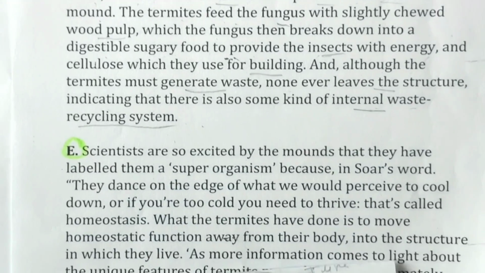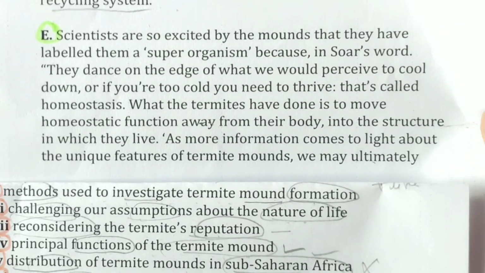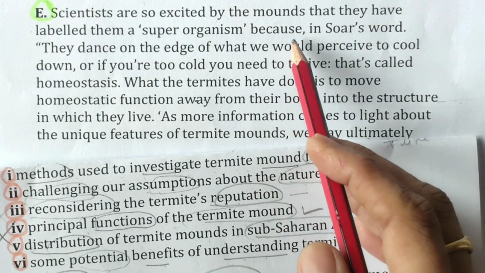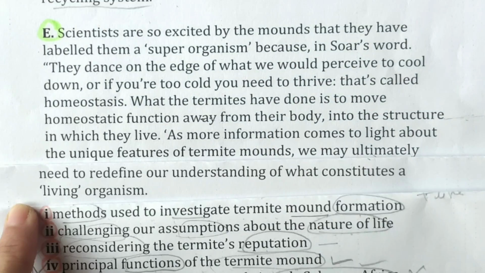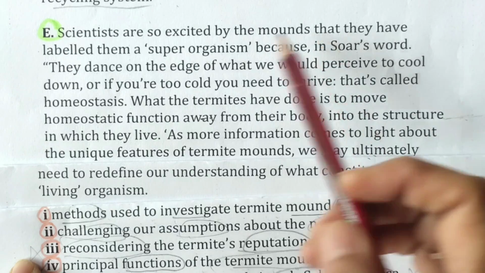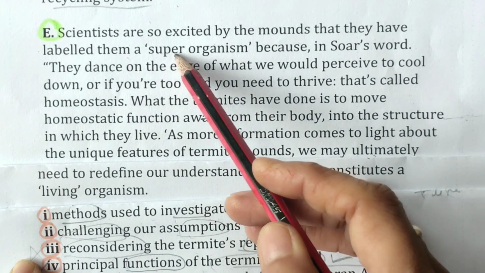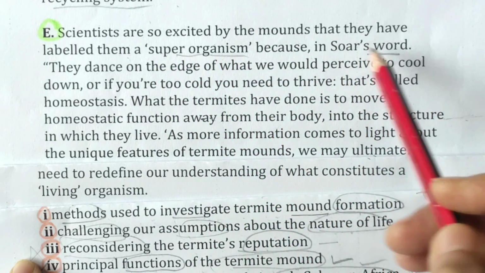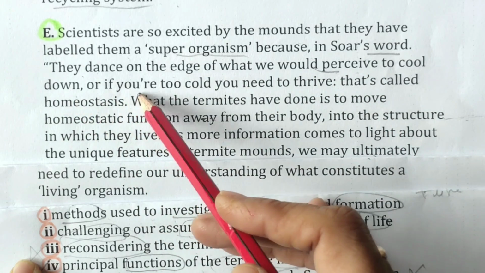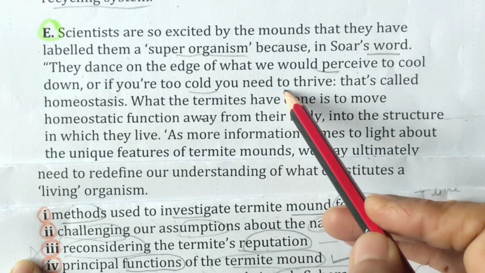Now E number paragraph, let's read it. Scientists are so excited by the mounds that they have labeled them a superorganism, because in a sense they can cool down if they are too hot, or warm up if they are too cold, in order to thrive.